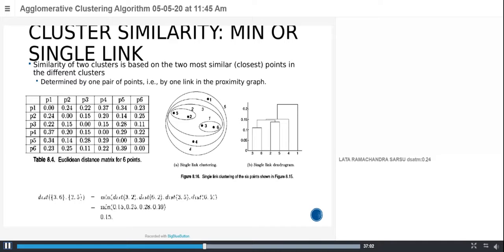The distance between P1 and P2 is 0.24. What is the distance between P5 and P3? This is the Euclidean distance between these two points.